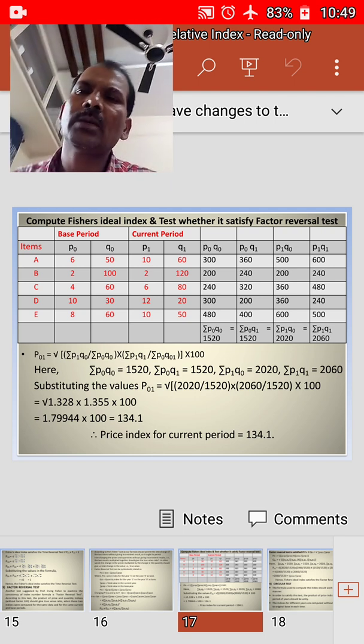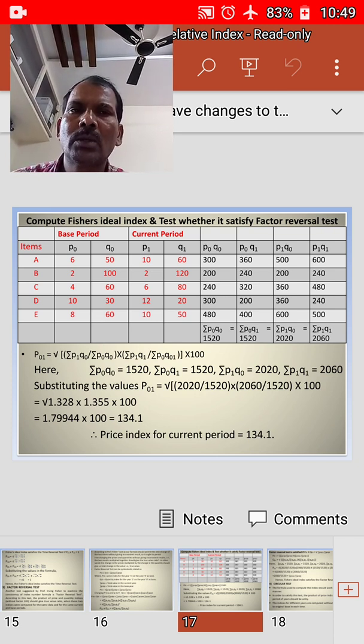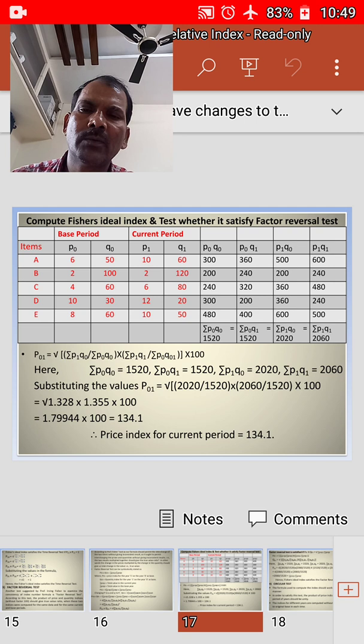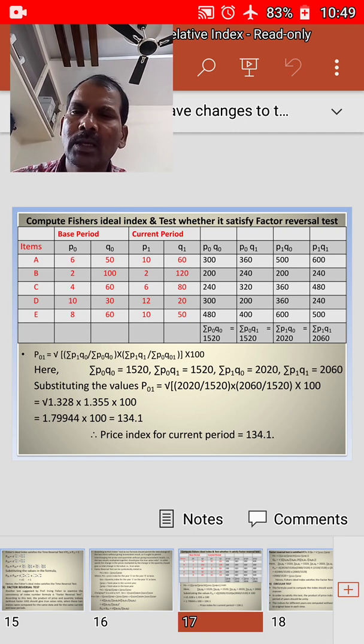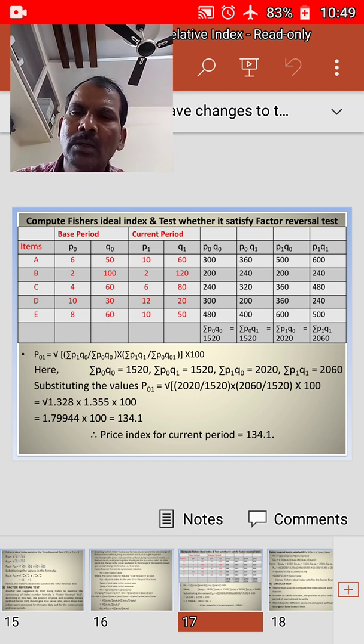If you substitute the same in the formula, that is P01 into Q01, under root you will get 2020 by 1520 into 2060 by 1520 into 1520 by 1520 into 2060 by 2020. That means 2020 gets cancelled, 1520 gets cancelled. You will have 2060 by 1520 and 2060 by 1520, right?